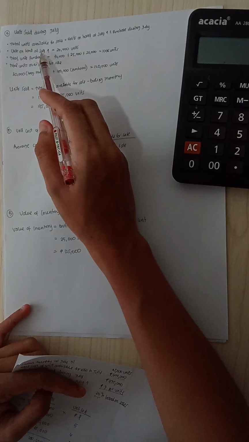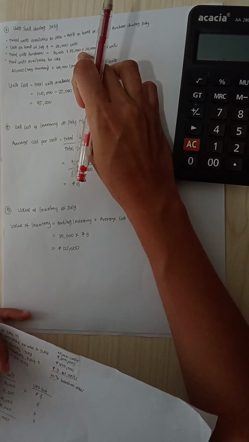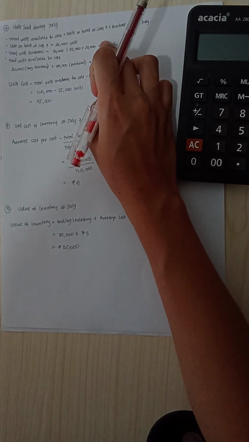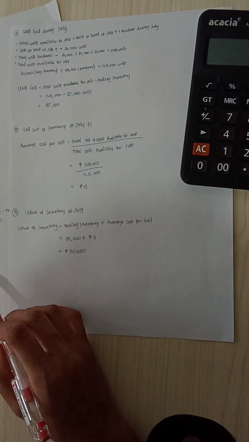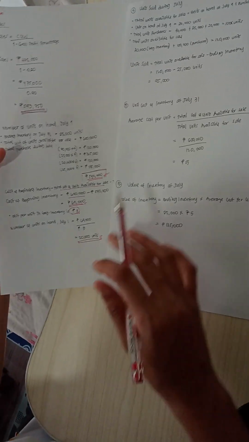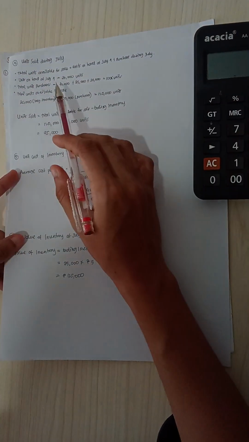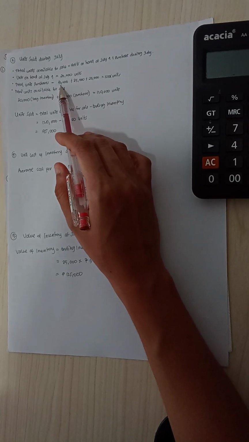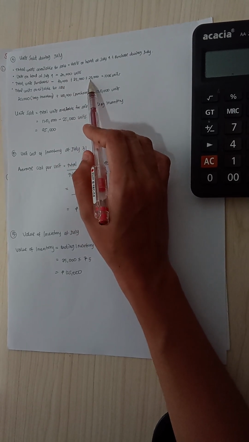So, ang units on hand at July 1 is 20,000 units rather. So, gikan ni siya sa kini. And then, total units purchases equals 30,000 plus 25,000 plus 20,000.